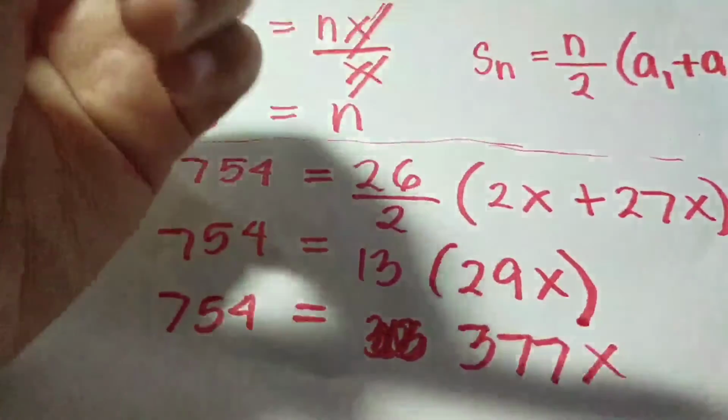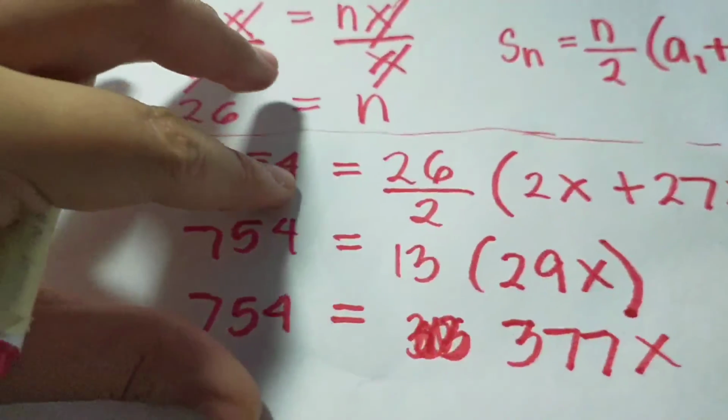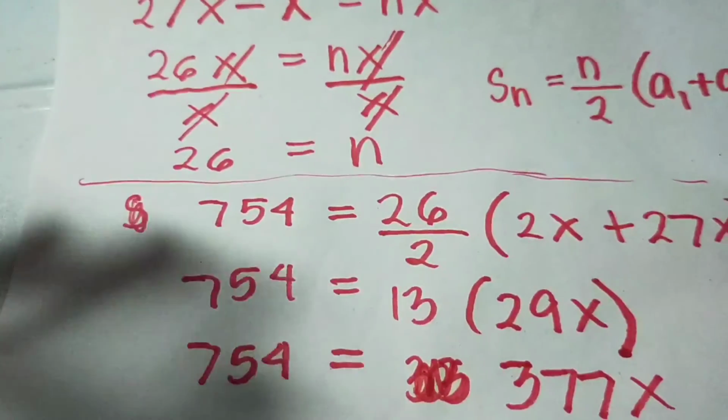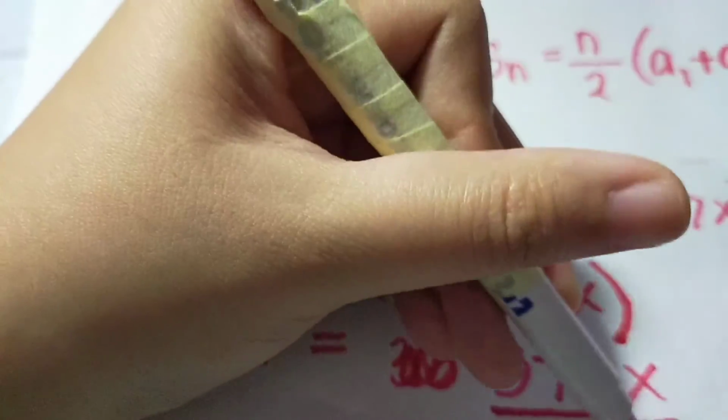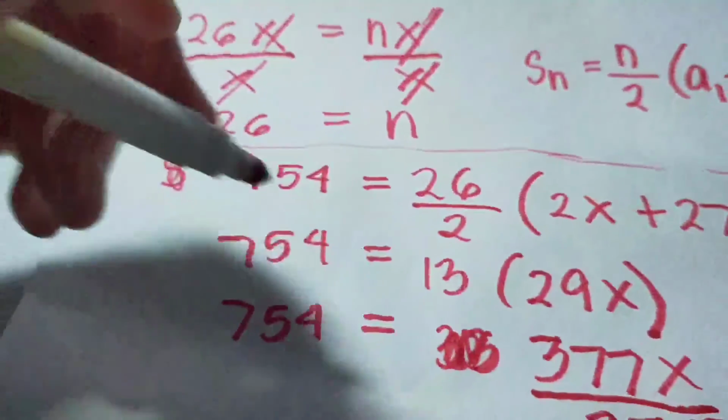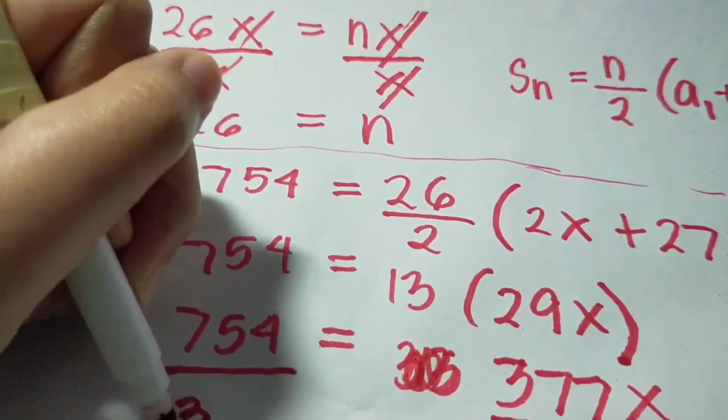So, para ma-find natin yung x ay i-divide both sides natin by 377. Divide both sides by 377.